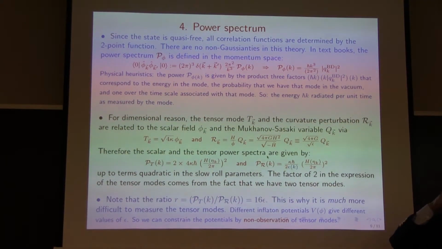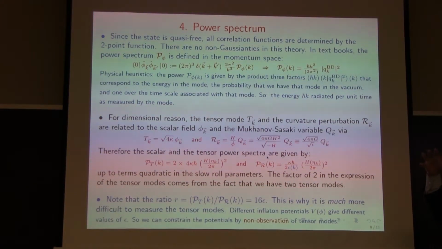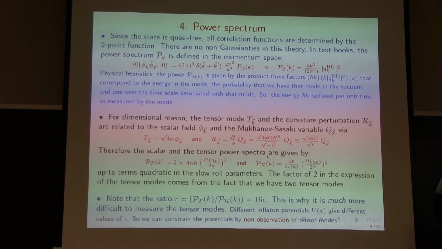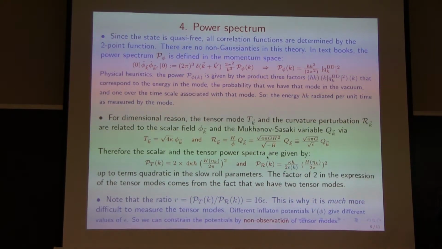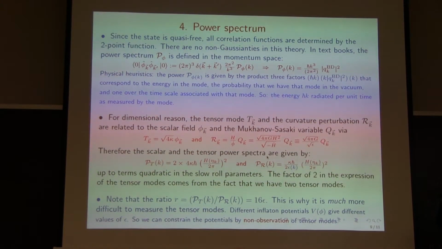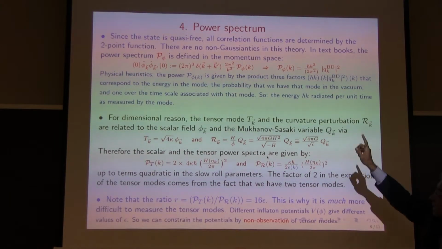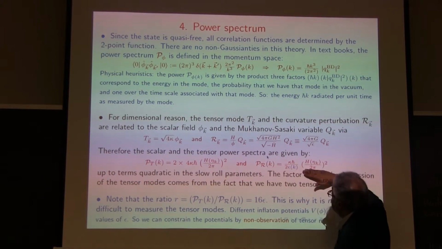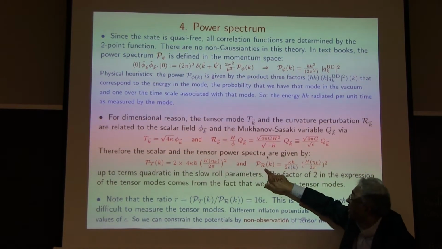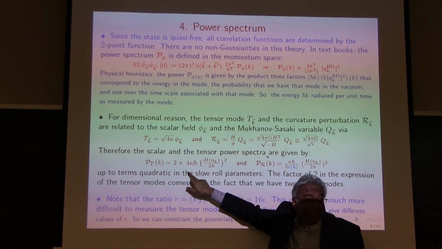The scalar power spectrum is translated into density or the temperature fluctuations. And so what the various missions measure, COBE first, then WMAP, then Planck, is this temperature fluctuation. So the temperature fluctuations they are measuring is the power in the scalar modes. And we can see that the power of the scalar mode has 1 upon epsilon in it relative to the power of the tensor mode.